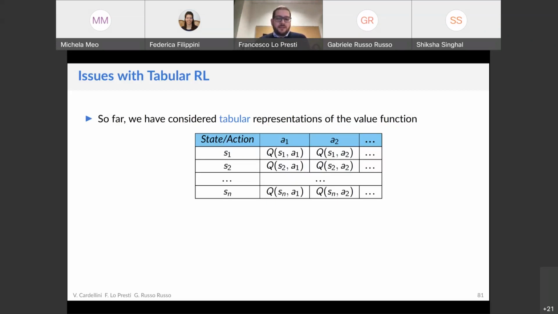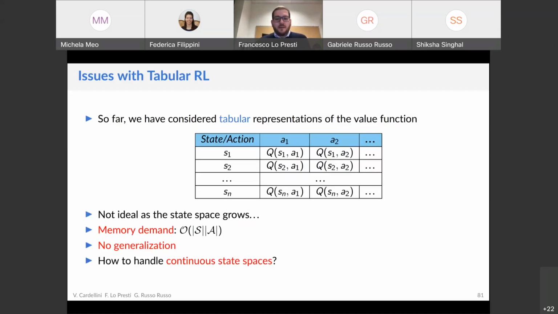This approach is easy to analyze and implement, but unfortunately, it is not ideal, especially as the state space grows, for various reasons. First of all, the memory demand of such a table grows proportionally with the size of the state space. So we could have some scalability issues. The second problem is that using this kind of representation of the value function, we don't have any generalization.